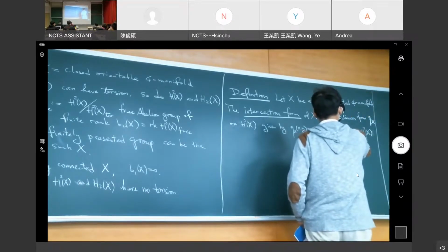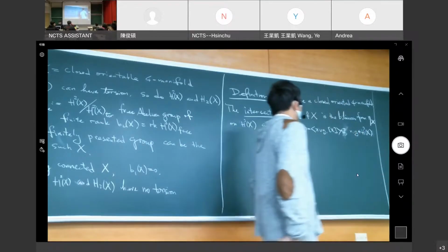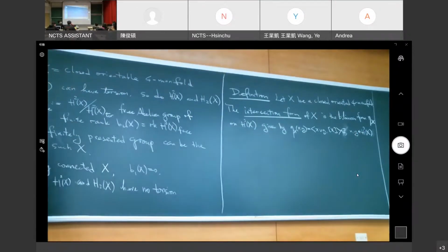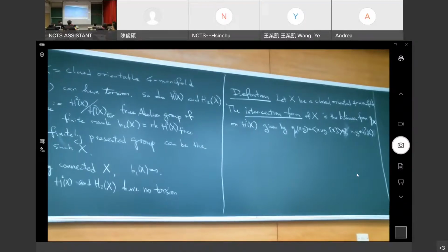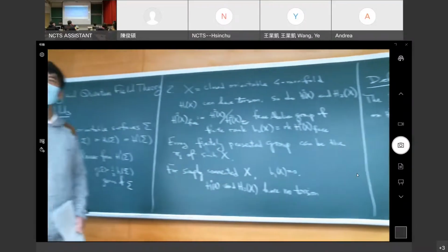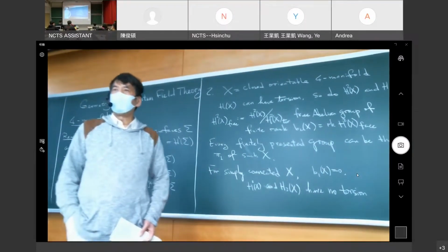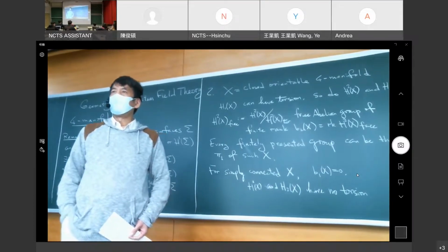And once you realize that whenever x or y is a torsion element, then the value is 0.